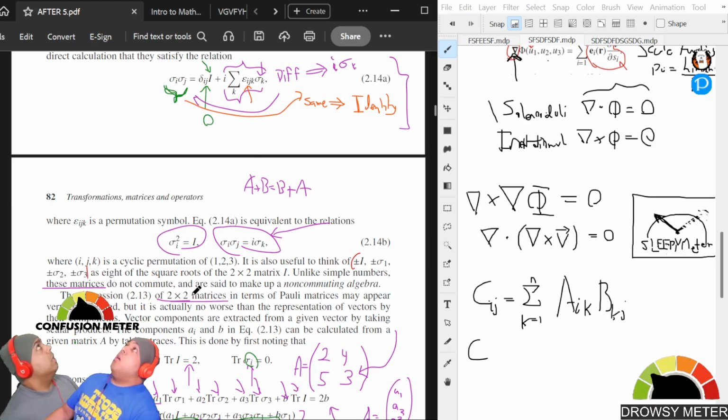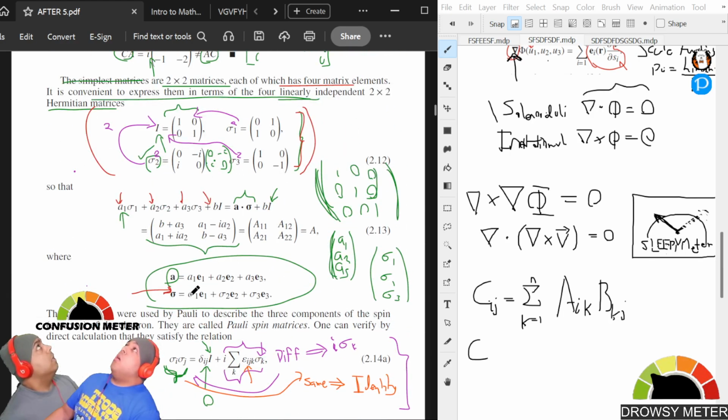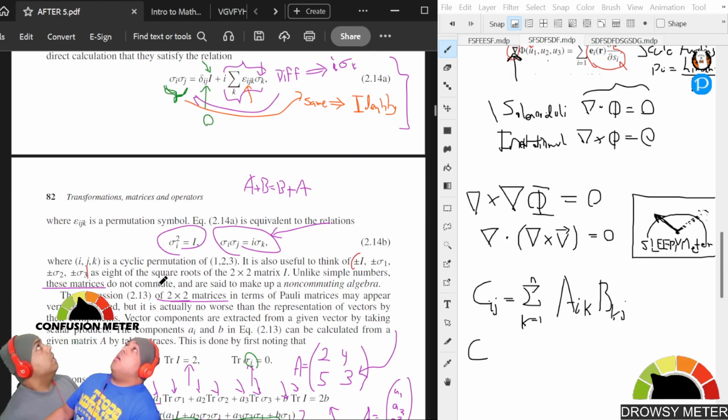The expression 2.13 of 2 by 2 matrices in terms of Pauli matrices may apply variable no worse than the representation of vectors by their components. Vector components are extracted from a given vector by taking scalar products.